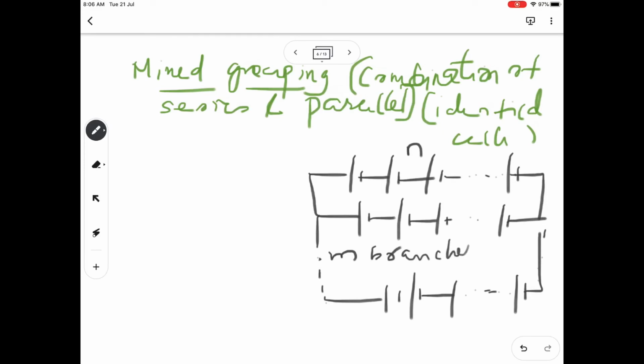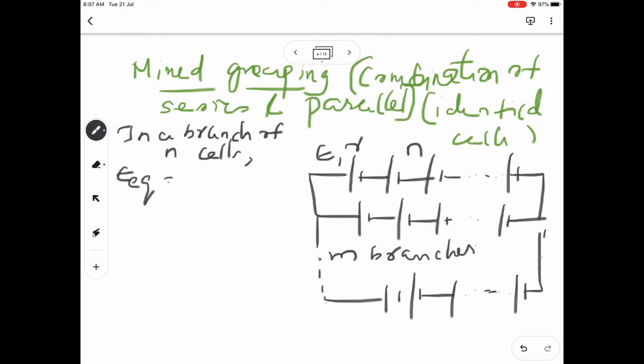So this is the mixed combination of both series and parallel, we can understand. Every cell has E and r as parameters. So for the inner branch, let's see what the net could be, and accordingly we will decide for the whole. In the inner branch, when the cells are in series, net equivalent EMF will be n into E, and R equivalent will be n into r.